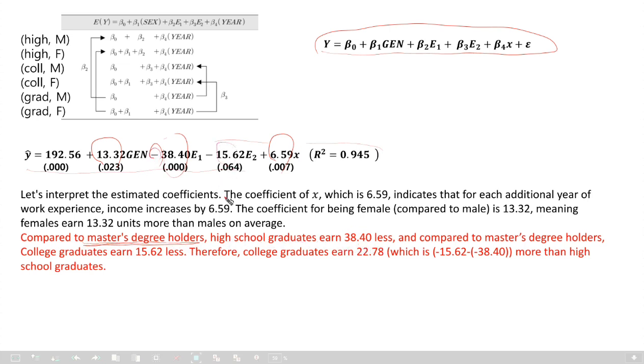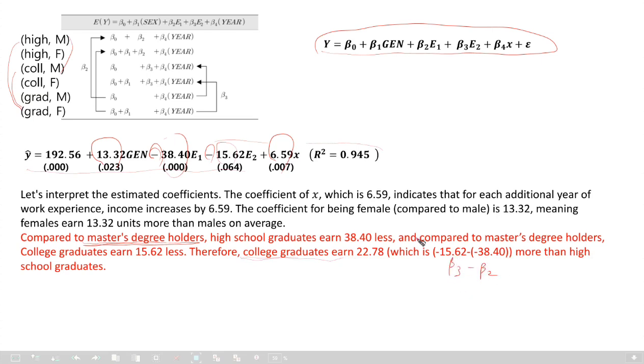This one means that compared to master's degree holders, college graduates earn 15.62 less. Then what about the coefficient comparing college graduate versus high school graduate? That is beta 3 minus beta 2.